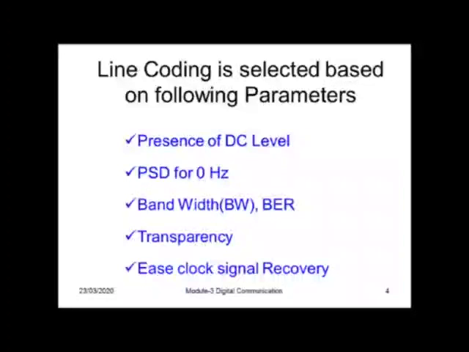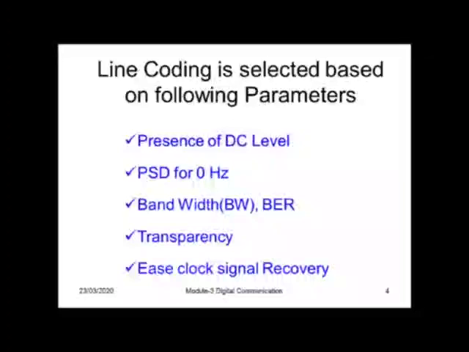This particular aspect is not covered here, but it will be covered later. Transparency, that is the property that any arbitrary symbol or bit pattern can be transmitted and received. Easy clock signal recovery for symbol synchronization. Presence or absence of inherent error detection properties.